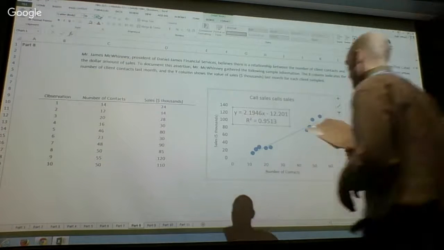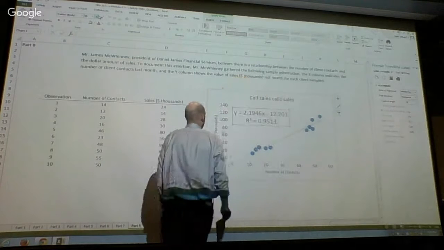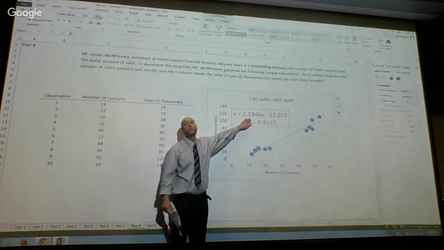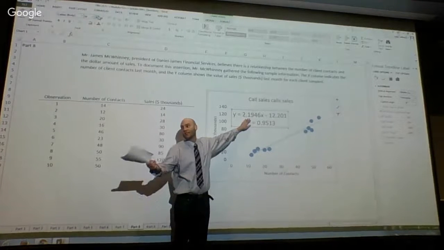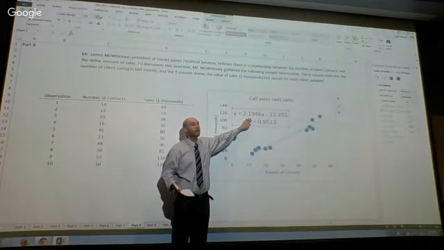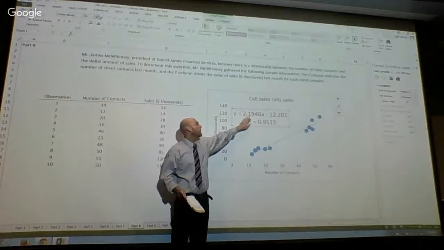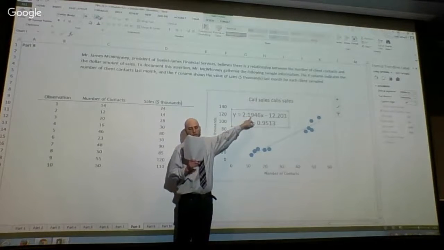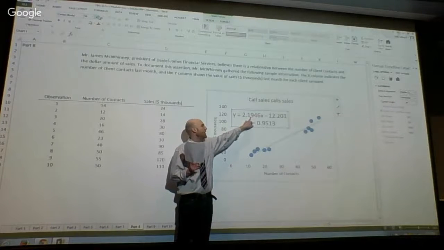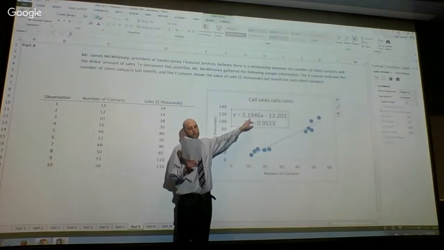Question 78. What is the value for B? B travels with X, 2.19. Yeah, we got a value that looks like that, 2.19. That's our answer.